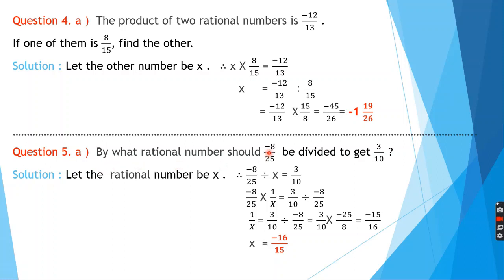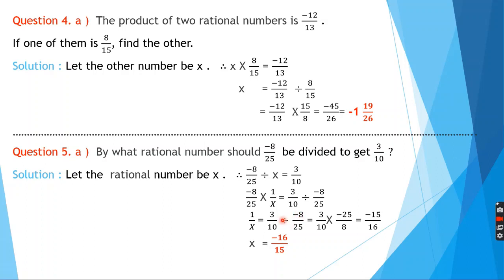Next question is the fifth question's A part. By what rational number should minus 8 by 25 be divided to get 3 by 10? Here again the answer is equal to 3 by 10. Minus 8 by 25 divided by x. Here x is a divisor, which means we can take it as multiplication by the reciprocal. Now keep the 1 by x here. Take minus 8 by 25 to the other side as transposing.